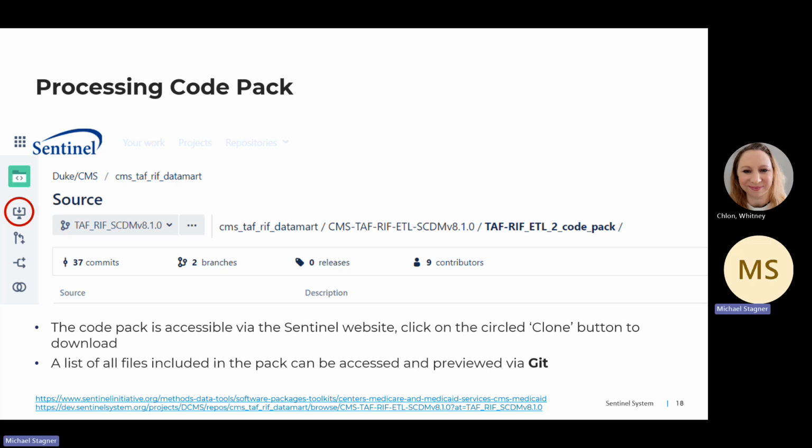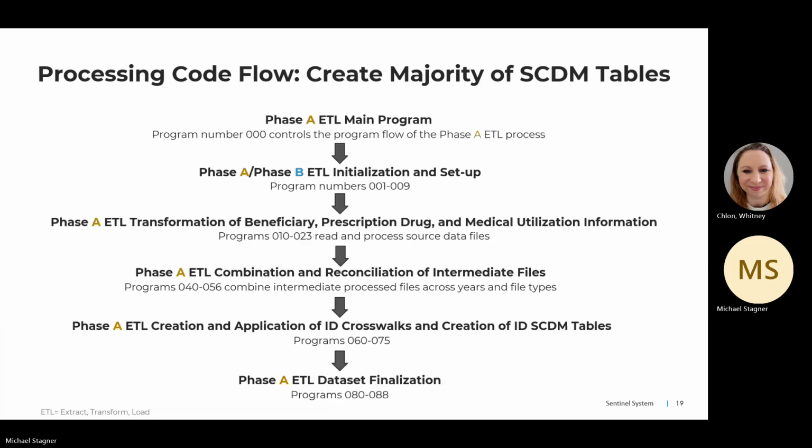So if you want to run the R code for linking mothers and infants in the Medicaid and CHIP TAF data, the code pack is available on the Sentinel Git repository. And again, this is sort of a two-step process in that you have to create the set of core tables in the phase A ETL process.